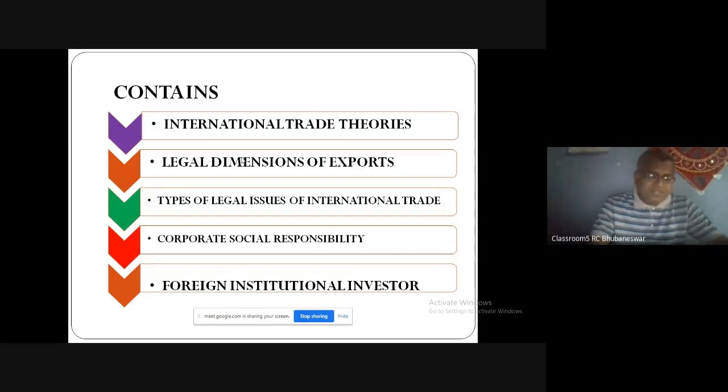My dear students, if you talk about less developed countries, which are called developing countries, there are certain characteristics. What are these characteristics? They are in the early stage of industrialization.